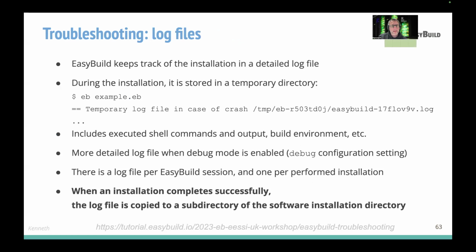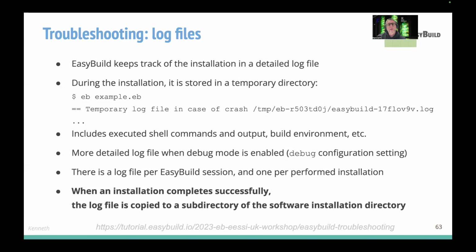What EasyBuild does very well is keeping track of what it's doing. So it has a detailed log file for every installation it does. And at the very start of an EasyBuild session, it will also print the path to that log file. So whenever something happens, whenever an installation fails unexpectedly, or if you're not sure what EasyBuild was doing at the time you hit an error, the log file is definitely the right place to look.